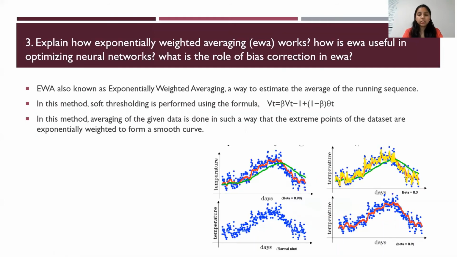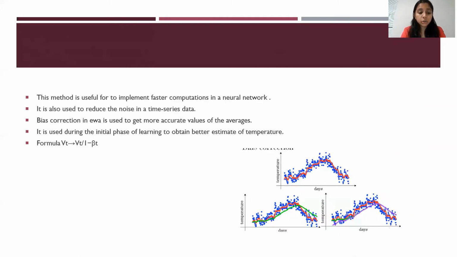Coming to the third part of the question, what is the role of bias correction in EWA? Bias correction is used in EWA to get more accurate values of the data. It is used during the initial phase of the training to obtain better estimate of temperature. For example, if you see the image with the green curve and the image with the purple curve, when you actually implement the formula that was discussed before, we do not get the green curve, we actually get the purple curve.